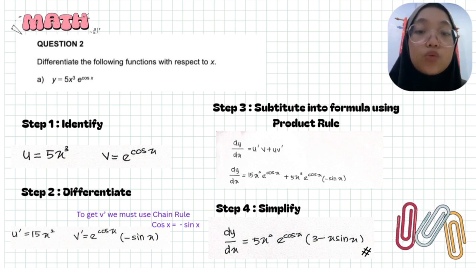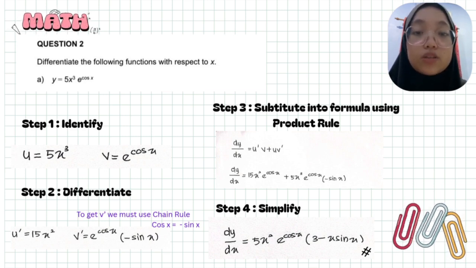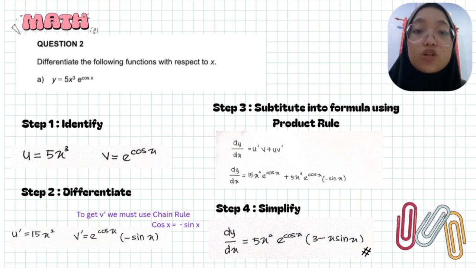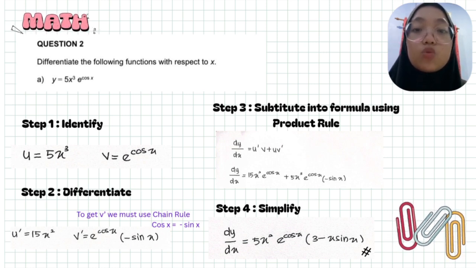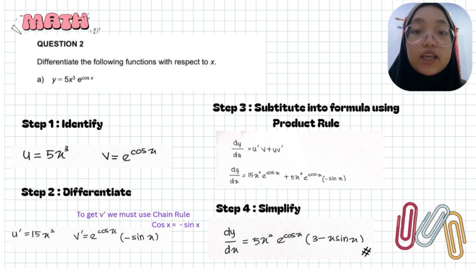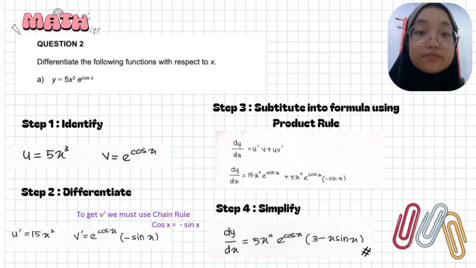And lastly, we must simplify the equation, which becomes dy/dx equals 5x to the power of 2 times e to the power of cos x times (3 minus x sin x).